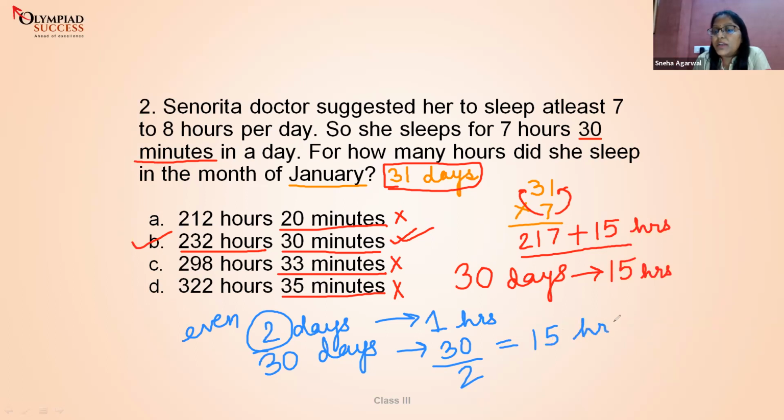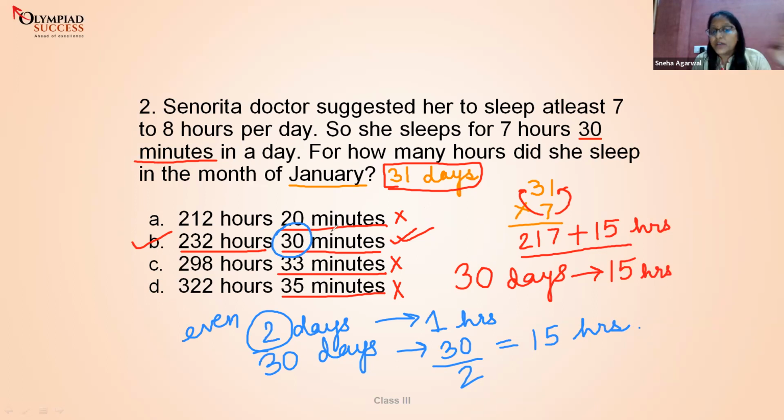But here I only took 30 days, whereas I am having 31 days in the month of January, right? So I am having one more day. One more day means again I am left with 30 minutes, right? So we will definitely be having 30 minutes in the answer. So you can just go with option elimination over here.